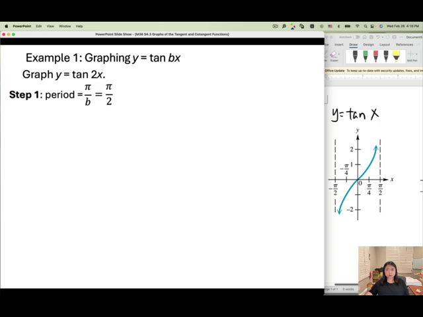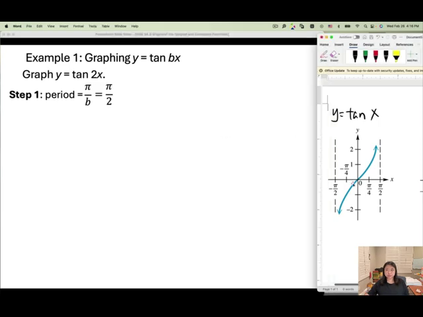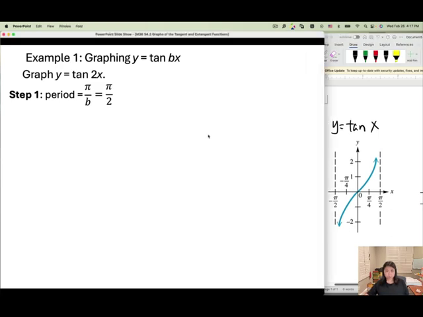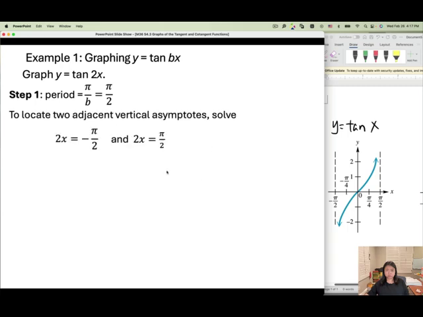And then we want to find out the two adjacent vertical asymptotes. So we're going to set bx, which is going to be the 2x, equal to negative pi over 2, and then 2x equal to pi over 2. 2x equal to the first vertical asymptote, and then 2x equal to the second vertical asymptote.